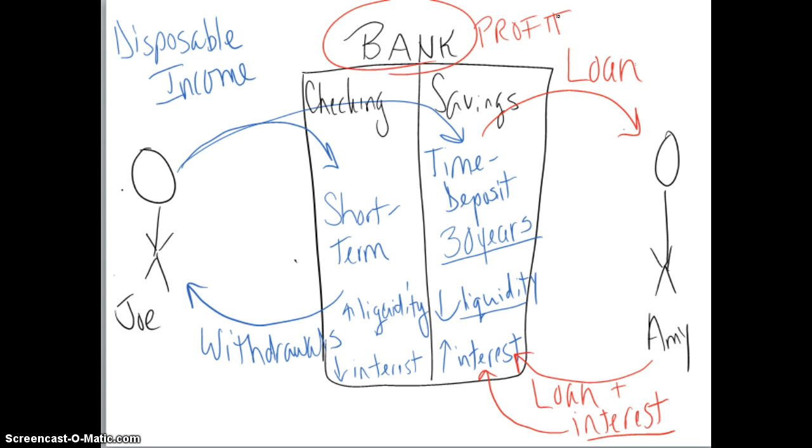Many times I'm asked by students, well, what if Joe's 35 years are up and he wants to access the money in his time deposit, but Amy hasn't finished paying the full amount back? You're not matched with a depositor and a loaner. All of the money that is in that financial institution's accounts for time deposits is hypothetically put into a big pot.